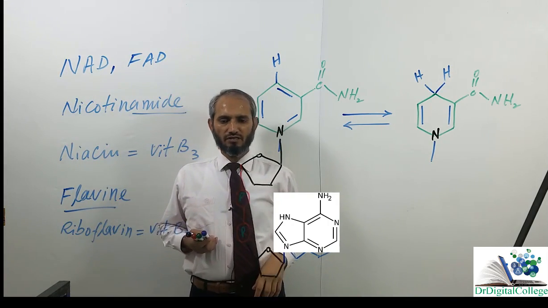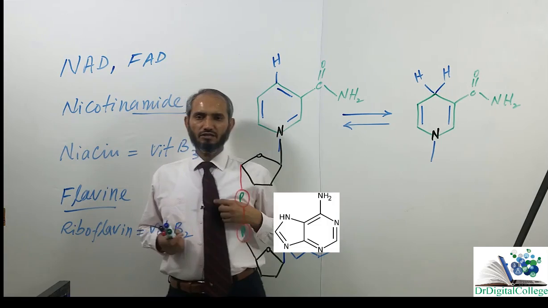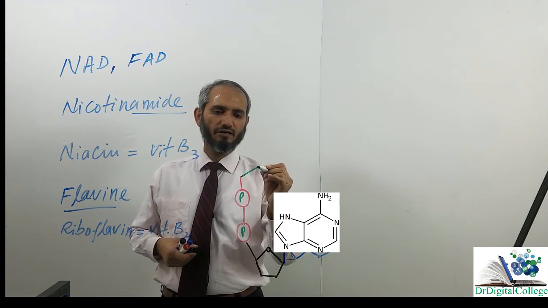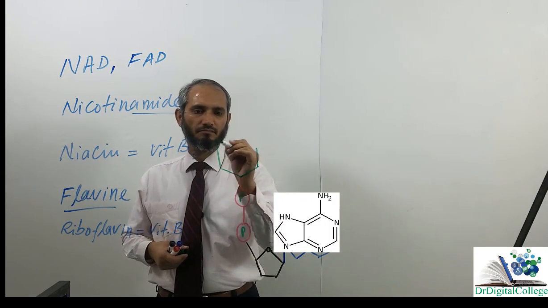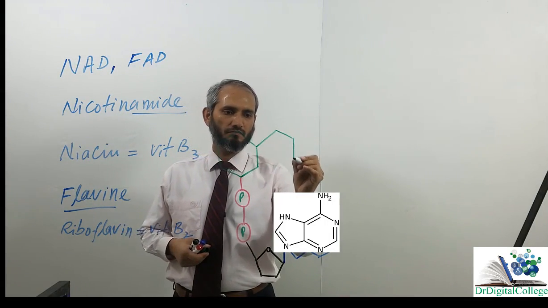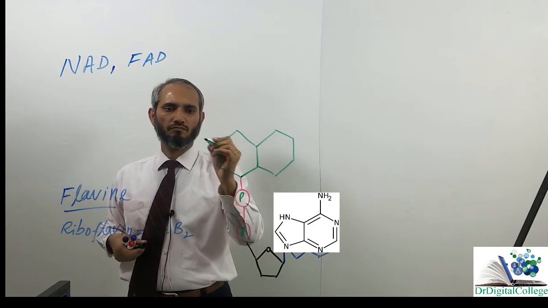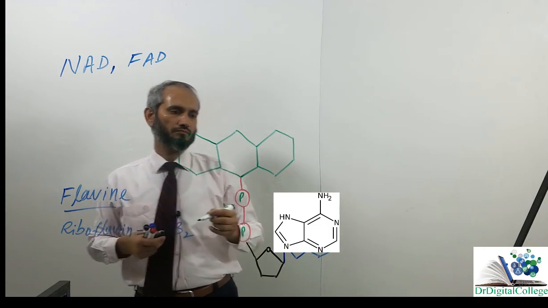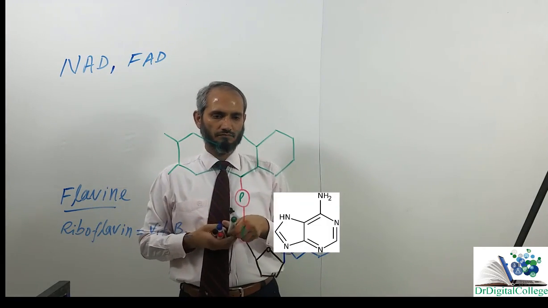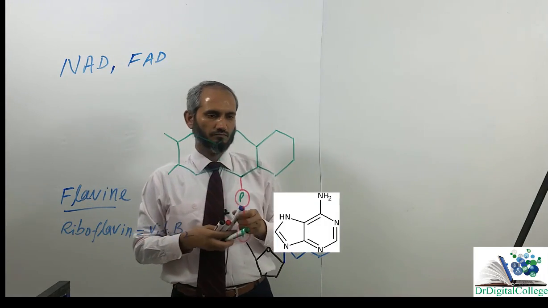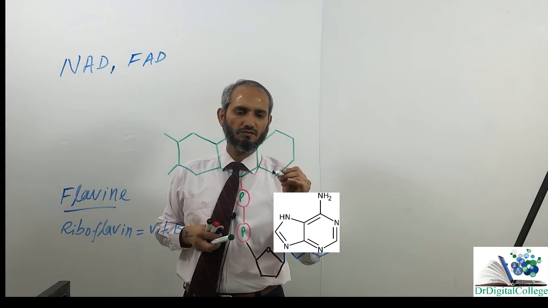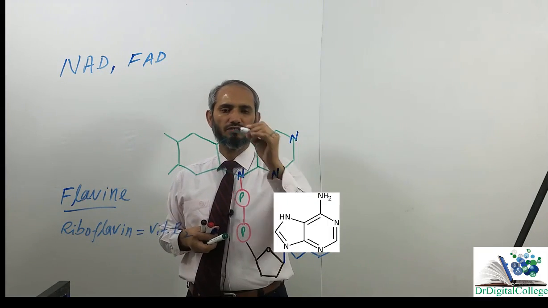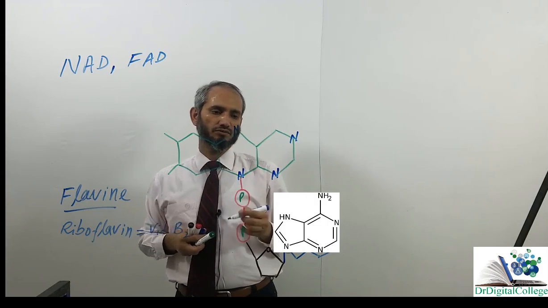Now let me draw what the structure of the dinucleotide is here. At this point the flavin part is attached. This is nitrogen here, this is nitrogen here, this is nitrogen here, and this is nitrogen here.